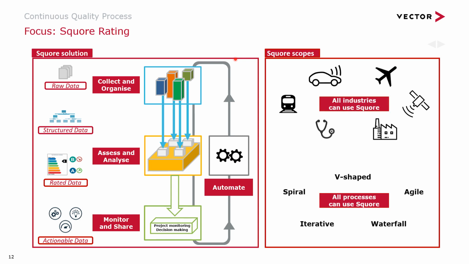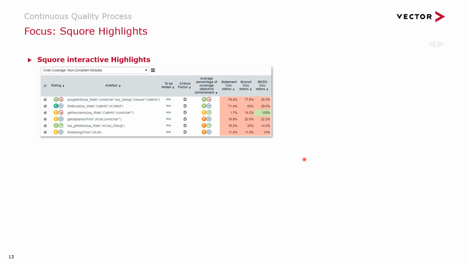You noticed that I didn't mention any specific industry. That's because Squore can actually address any industry, automotive, aerospace, IT, energy, etc. And also Squore is not linked to a specific process, so several processes can benefit from Squore. And so the highlight is the highlight of this presentation.